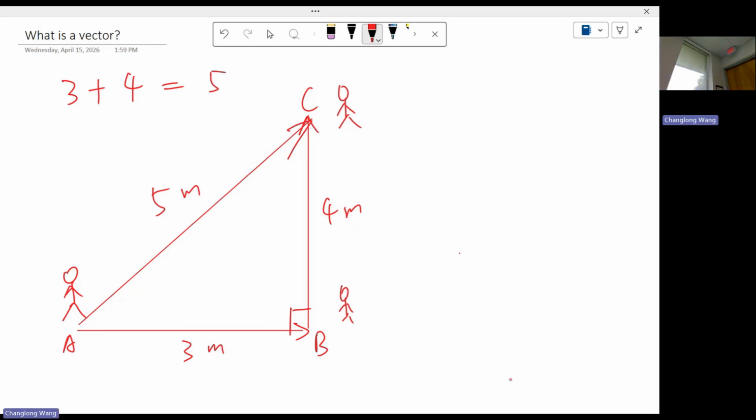It means if he goes from A to B and from B to C, it's equivalent to this guy just walking straight ahead to C, because that's the same starting and end point. So therefore, 3 plus 4 is 5 in a geometric sense, or in a sense that the direction of the movement actually matters.